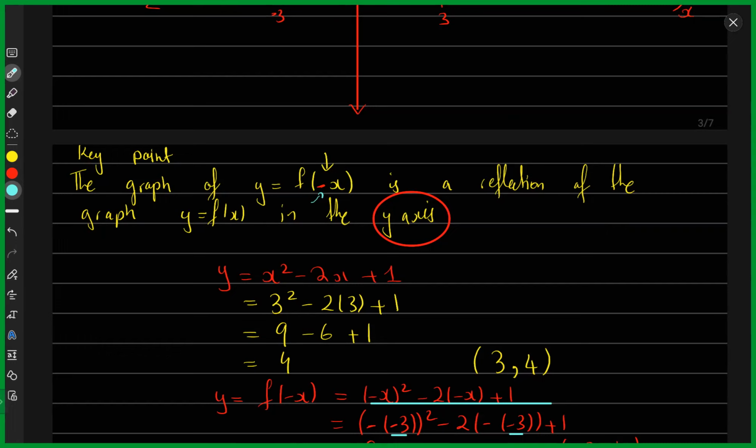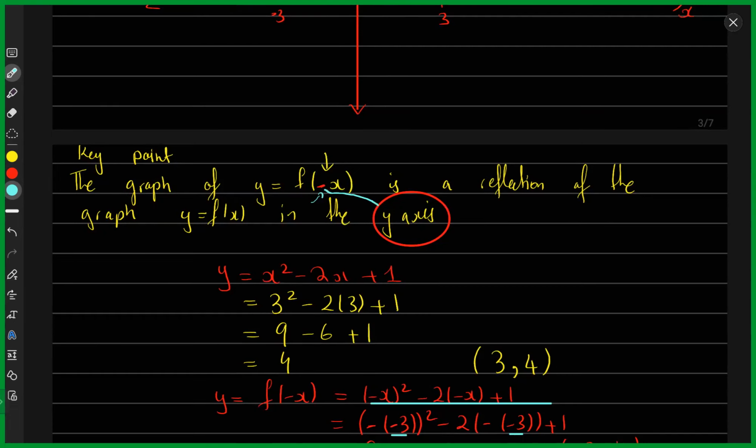So imagine you had some graph, and it looked like the transform function was a reflection of the original one in the y-axis. So for y-axis, minus is going to come with x. Okay, please remember these differences.